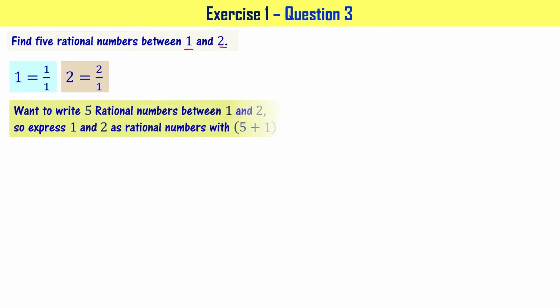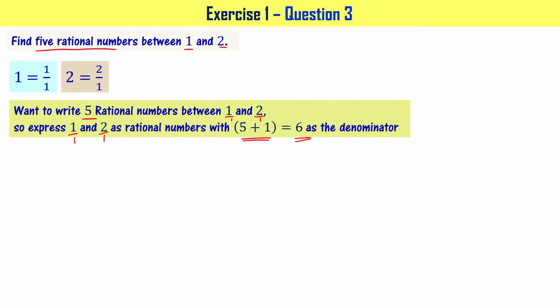So the trick is, since we want to write 5 rational numbers between 1 by 1 and 2 by 1, let's express 1 by 1 and 2 by 1 as rational numbers with 6 as the denominator. Why 6? Because we want to write 5 rational numbers. I want to have 5 plus 1, that is equal to 6 as the denominator.